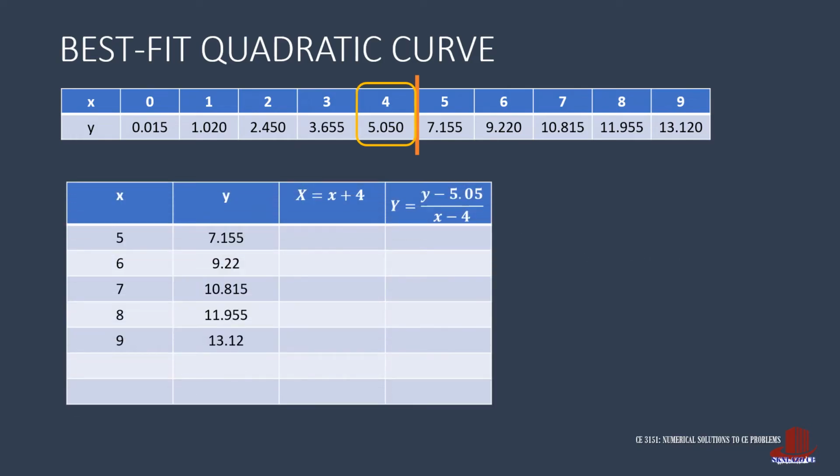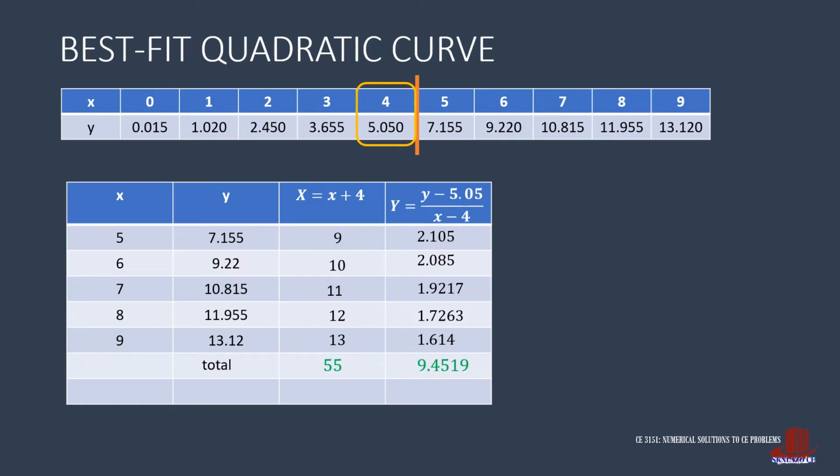We repeat the process for the second table. Fill out the column for capital X as equal to x plus 4. The next column is also for capital Y, which is computed as y minus 5.05 over x minus 4. After which, take their total. 9, 10, 11, 12, and 13 add to 55.